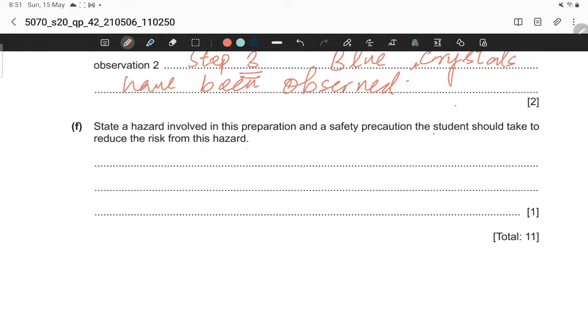State a hazard involved in this preparation and safety precautions the student should take to reduce the risk from this hazard.